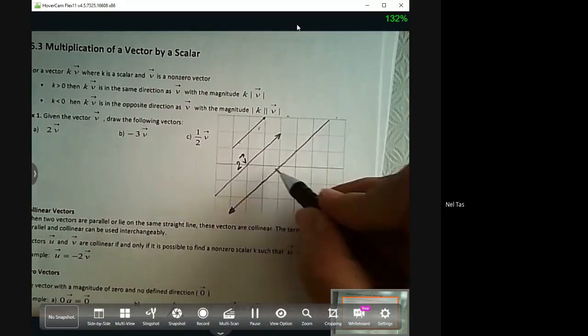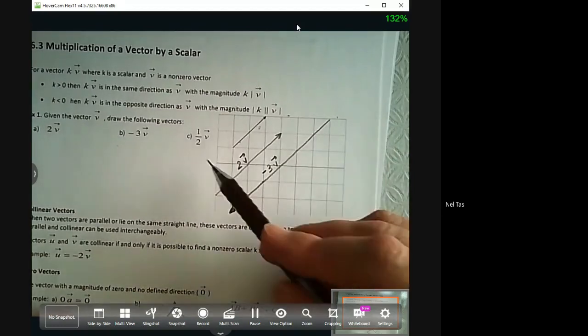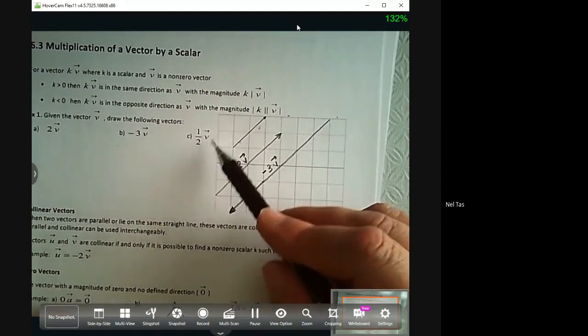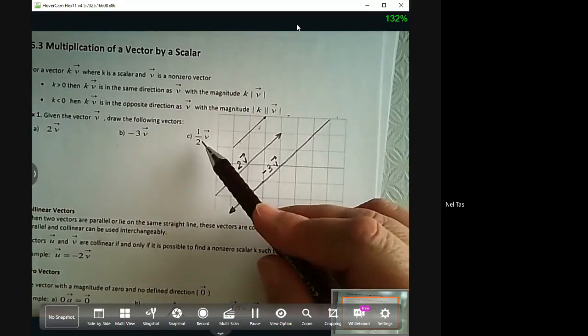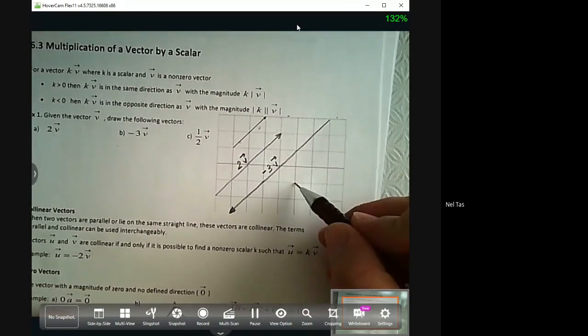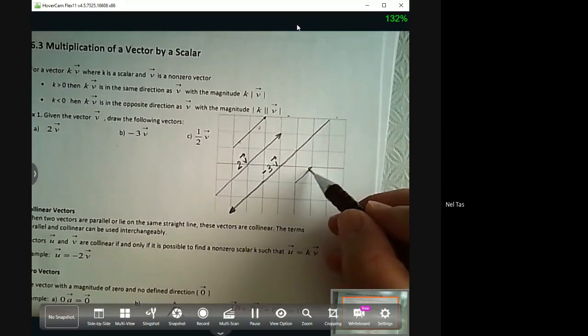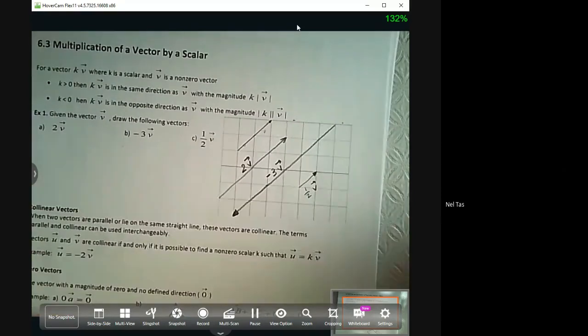So that is the direction. So negative 3v. Then c is half v. So it is positive. It will have the same direction as v. And the size of half v is going to be half of the magnitude of v. So this is half, 1 over 2 v.